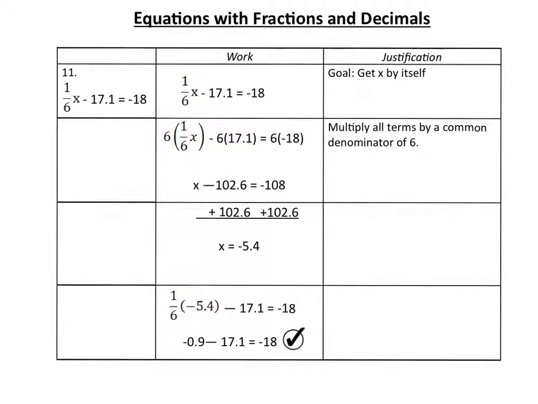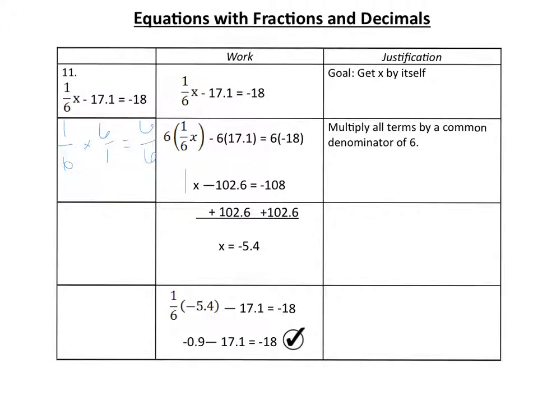So we multiply 1/6 times 6 over 1, which equals 6 over 6, which is how we get x. If you want to write an invisible 1 before it, you go right ahead, but you don't have to. Then we also have to multiply the 17.1 and the negative 18 by the common denominator of 6. Everything gets that common denominator of 6.